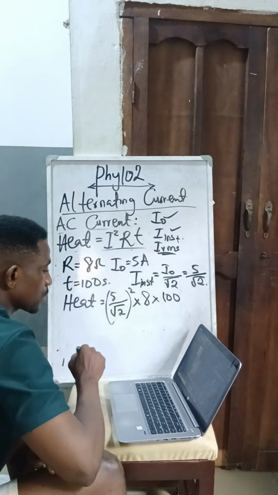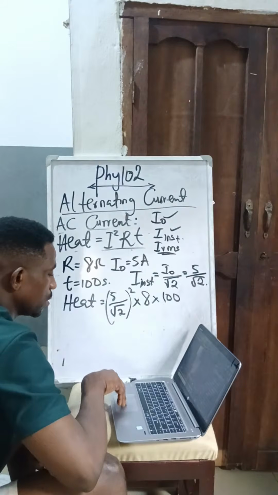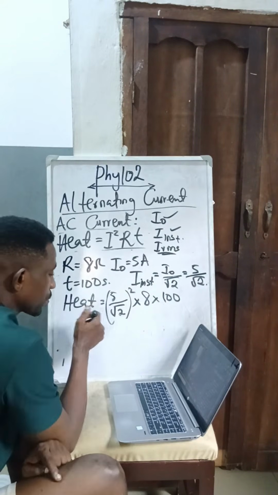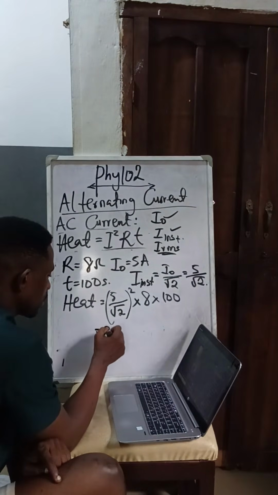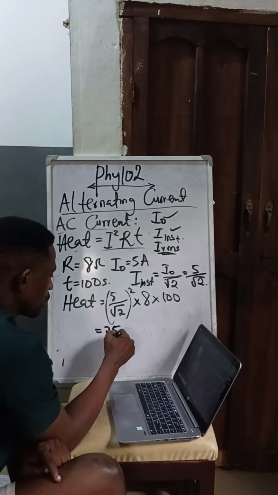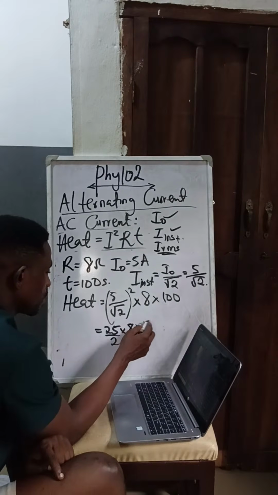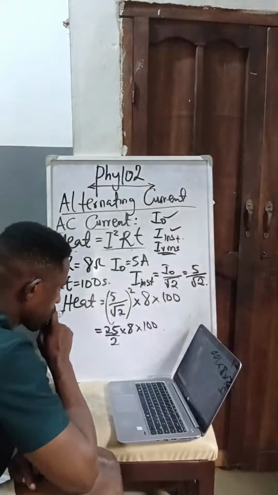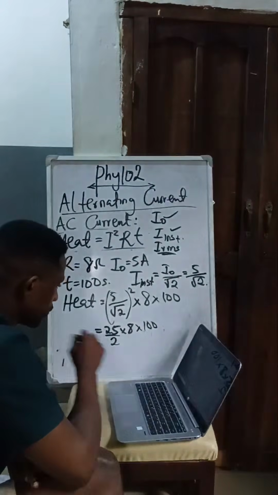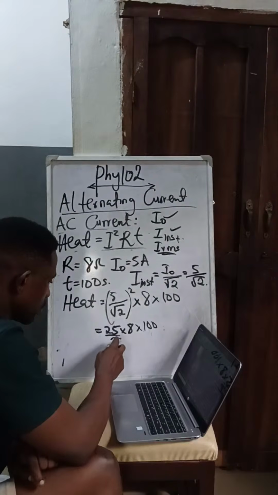Okay, 100. So that 5 squared is 25. Root 2 all squared is 2, times 8 times 100. Now, this is 2.